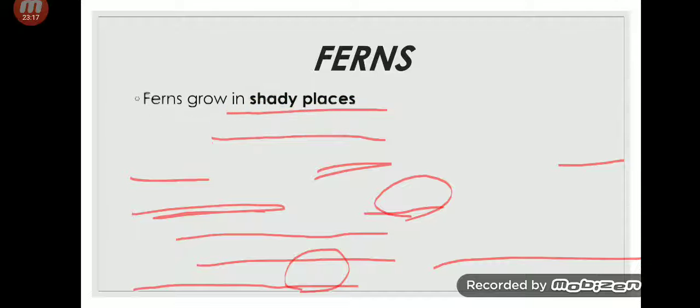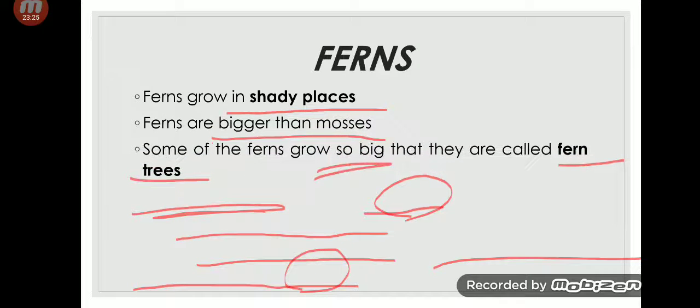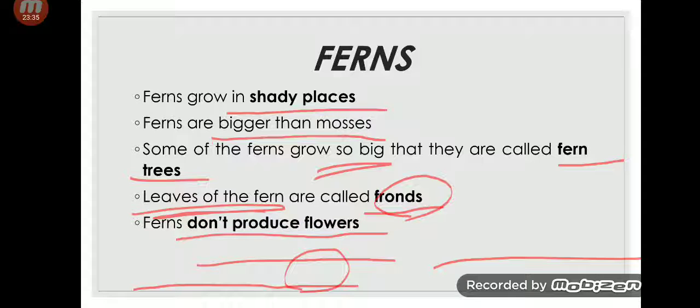Then we have ferns. Ferns grow in shady places just like mosses. Ferns are bigger than mosses. Some of the ferns grow so big that they are called fern trees. Leaves of the fern are called fronds. They don't produce flowers just like mosses.